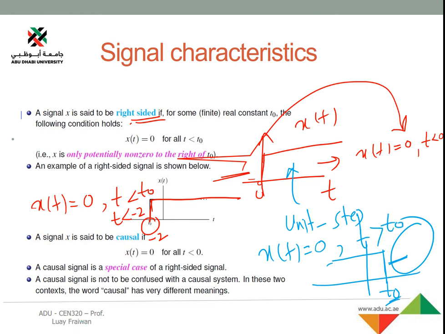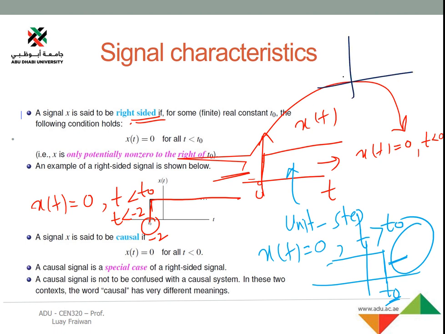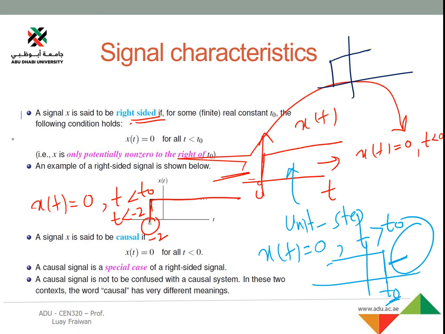And if you combine the right-sided and the left-sided signal, for example these two, we will get this kind of signal. This is called a finite duration or time limited signal.